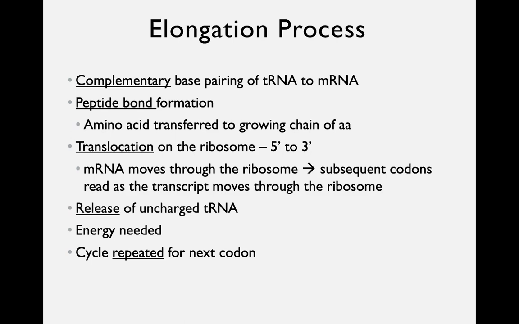And the ribosome will move along that mRNA from the 5' to 3' end of it, just reading those codons. So 3 letters at a time, they'll be reading those codons and signaling for the correct tRNA to come in and bring with it the correct amino acid.